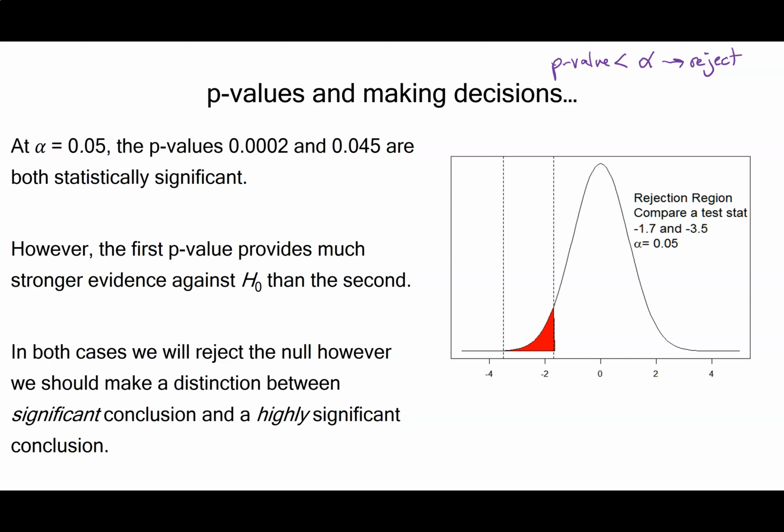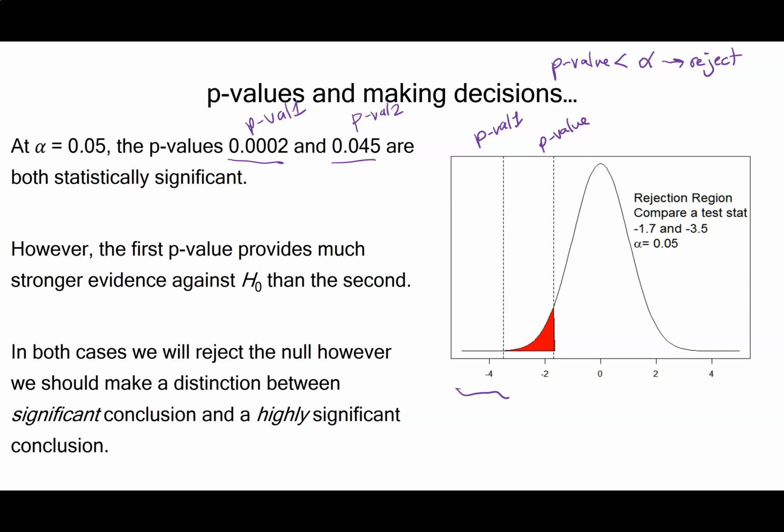So if you have a significance level of 0.05 and two different p-values, 0.0002 and 0.045, they're both smaller than 0.05. But, I'm going to say this is my p-value 1, and p-value 2.